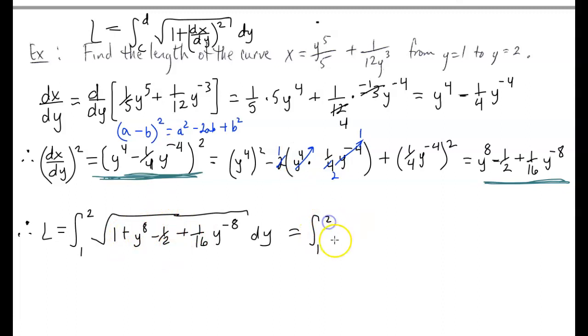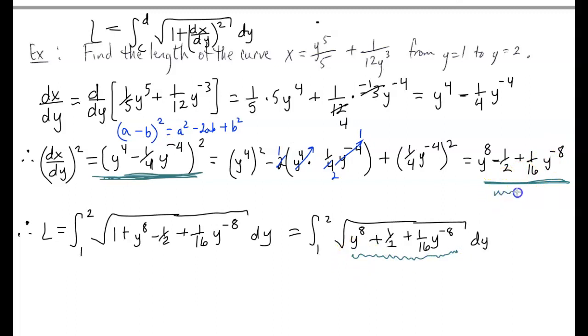So we're going to do the integral from 1 to 2. And we know that this 1 minus 1/2 is going to be just a positive 1/2. So let's say y raised to the 8 plus 1/2 plus 1/16 y raised to the negative 8 dy. Now, at this point, notice that what we have here in our radicand looks very similar to what we have right here.